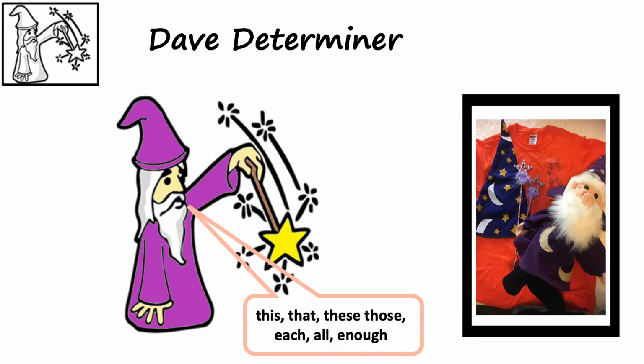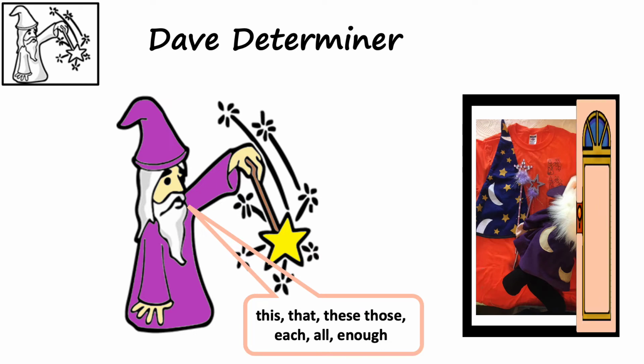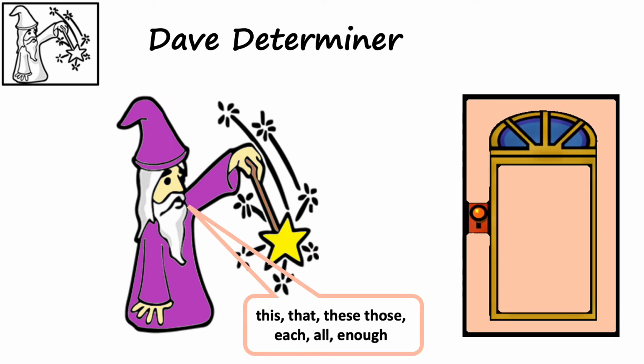He'll use his wand to point at things, saying, "Keep your eyes on this, keep your eyes on that, keep your eyes on these, and keep your eyes on those." He'll touch each one, and they will all disappear, like magic. He'll show you all his tricks and then say, "That's enough," and send you on your way.